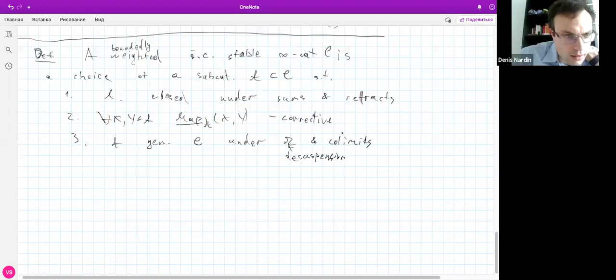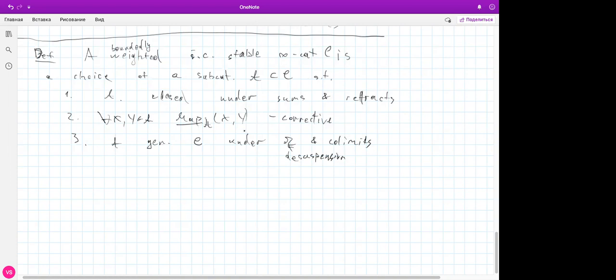If you saw the other definition of weight structure on a stable infinity category, or bounded weight structure, this is usually formulated like a t-structure, as two families of positive and negative classes with some axioms.